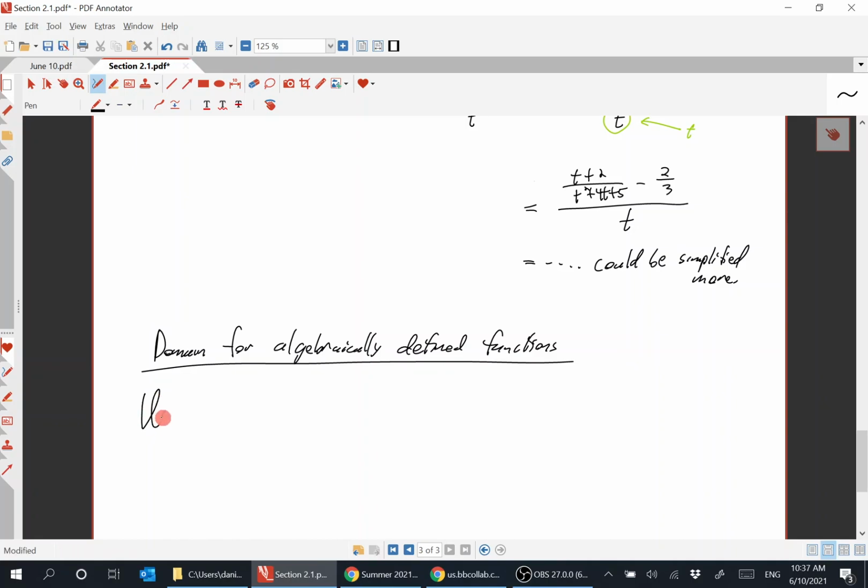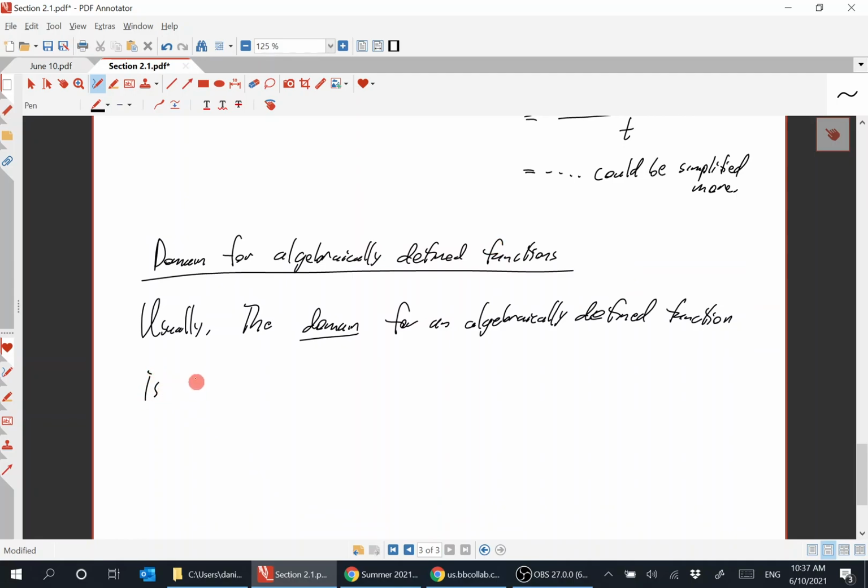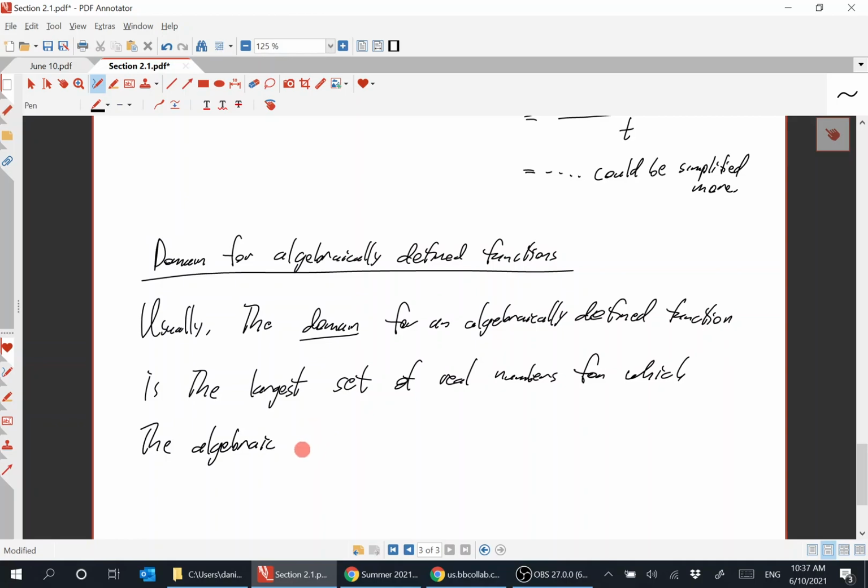Usually the domain for an algebraically defined function is the largest set of real numbers for which the algebraic expression is defined.